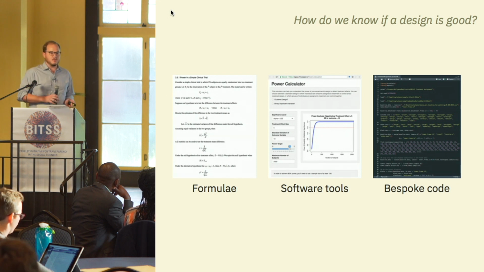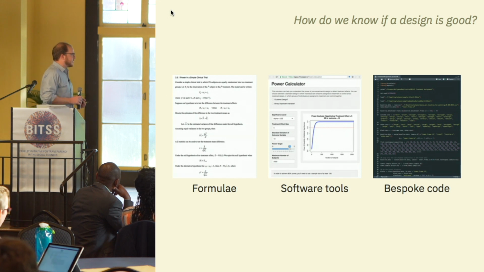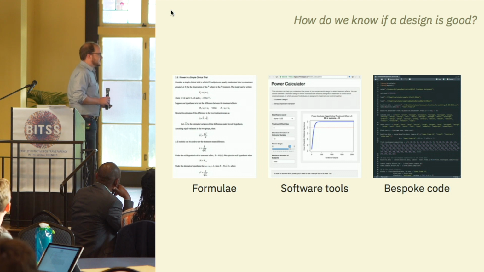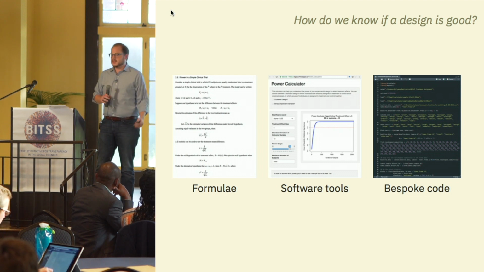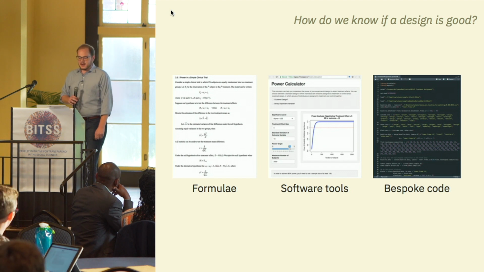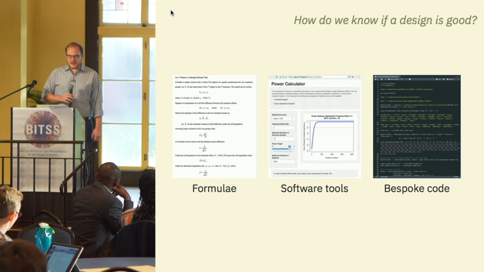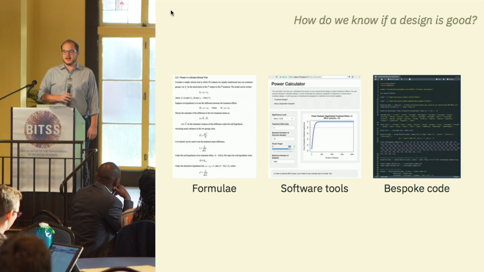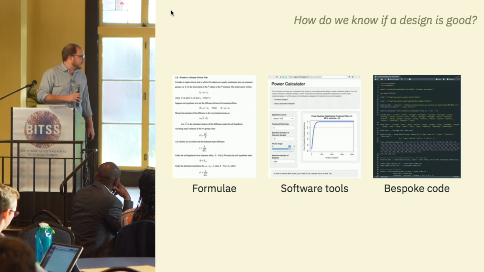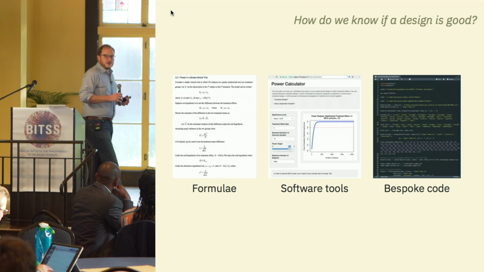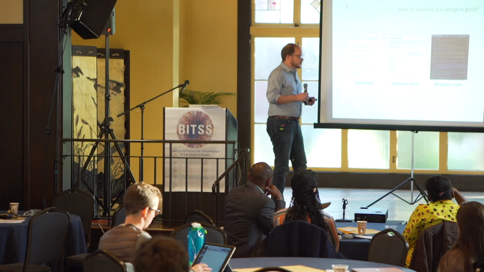There's kind of three ways that we do this in planning for studies. The first is we rely on statistical formulas from our textbooks, from our statistics classes in college and grad school. The second is software tools that typically rely on those formulas as well and have drop-down menus and help us focus attention on the parameters that are most important.